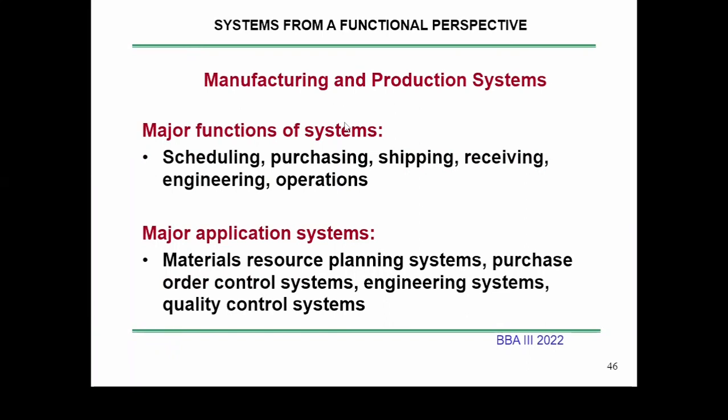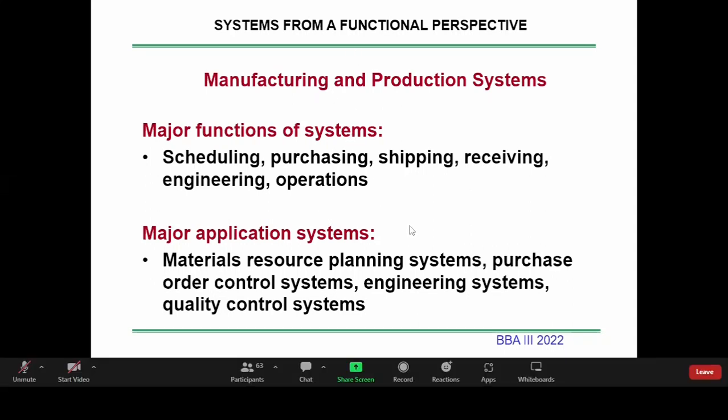Manufacturing and production systems, you're looking at what are the major functions of these systems. You're looking at scheduling, purchasing, shipping, receiving, engineering, and operations. As you look at these things, they send a signal to you in regard to the manufacturing and production function. If you look at scheduling, what are we scheduling?